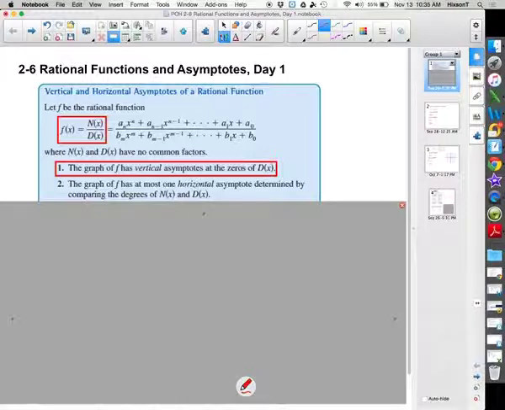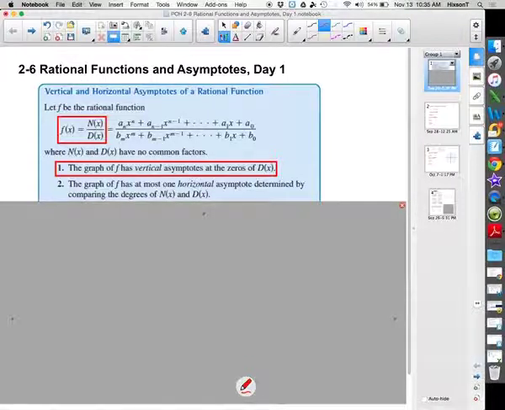Now, the way we find horizontal asymptotes is by comparing the degrees of our numerator and denominator. And you'll notice here in the statement up here, n is the degree of x in the numerator, m is the degree of x in the denominator.